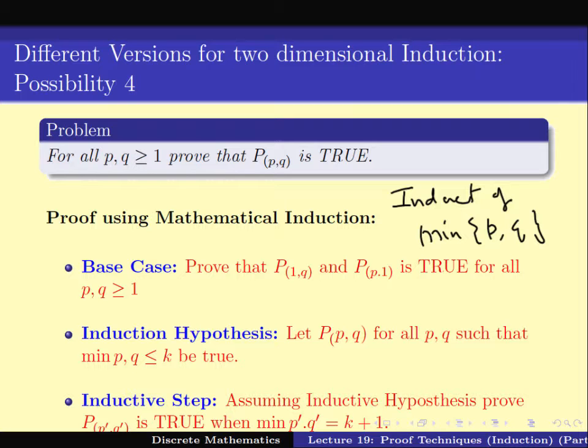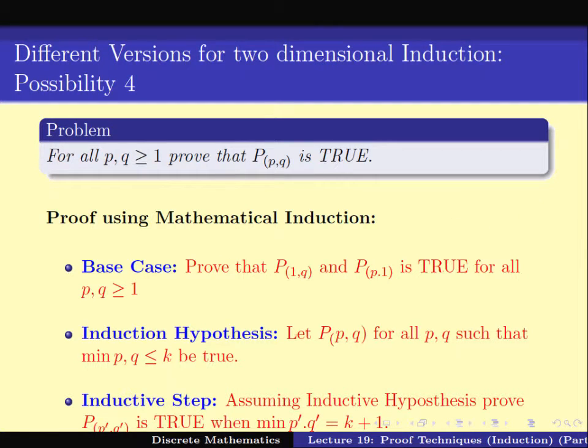There are quite a number of versions available. As long as you can come up with a version where you can ensure that all the points on which we have to prove are covered, so in this case the two-dimensional grid, or sometimes the one-dimensional grid or the three-dimensional grid, then we will be through. As long as we can cover all the necessary cases by this inductive step, we should be through.